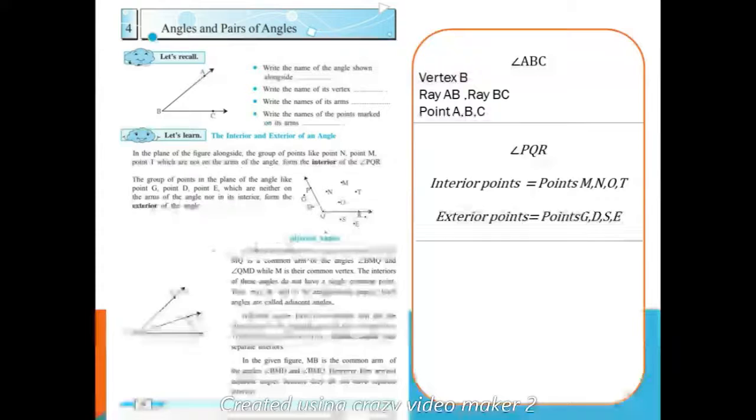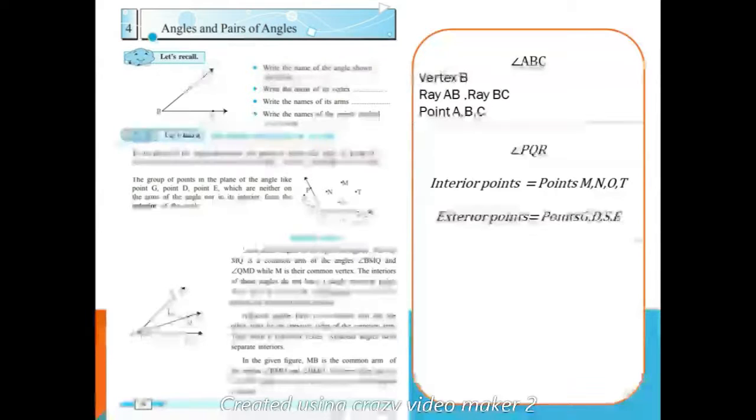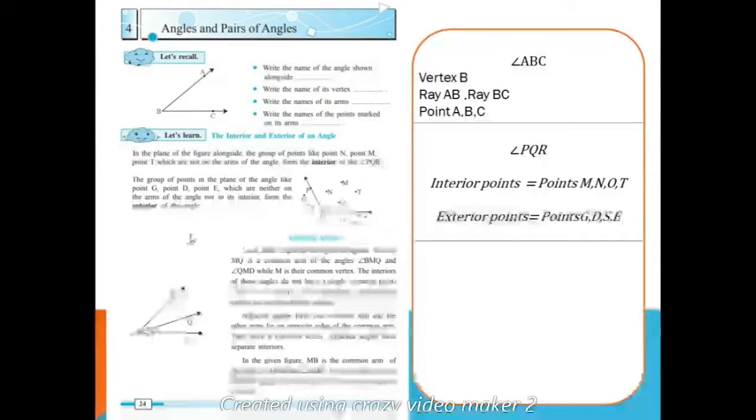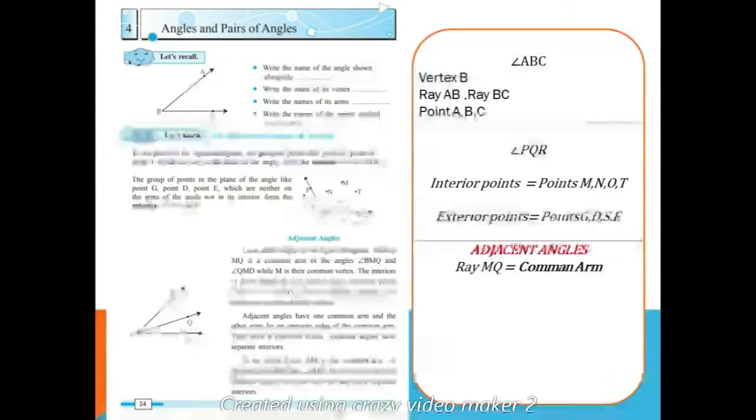Adjacent angles are formed under three conditions: it should have a common vertex, a common arm, that is MQ, and two rays that adjoin the vertex M. So adjacent angles have the ray MQ as a common arm which is inside, and a common point that is interior to the angle.